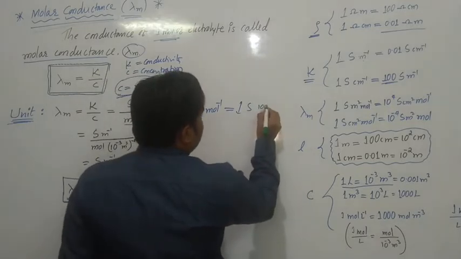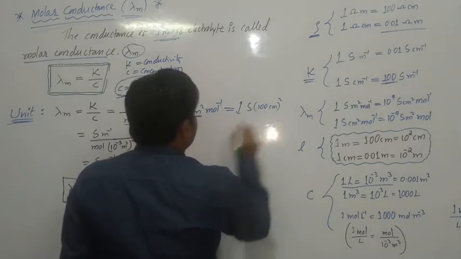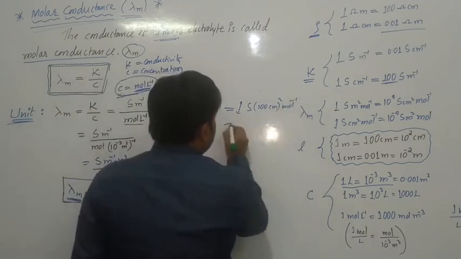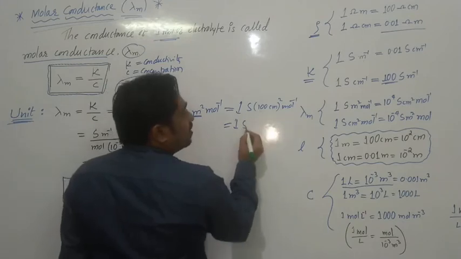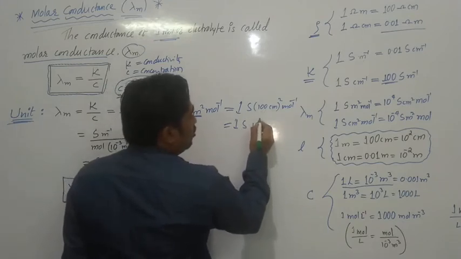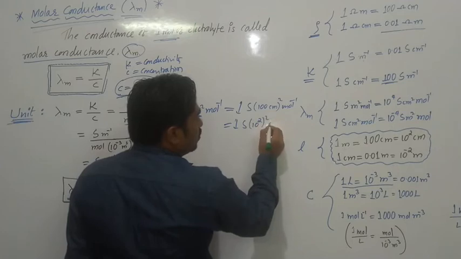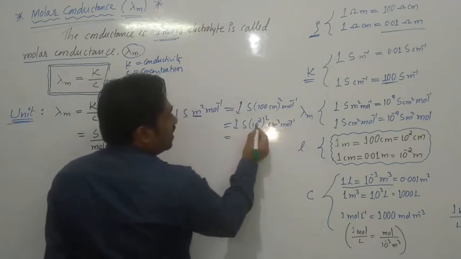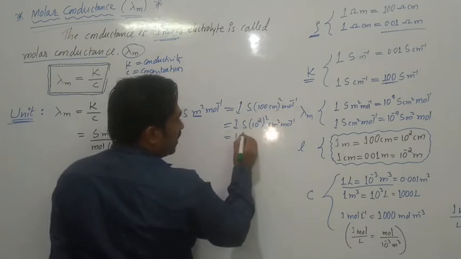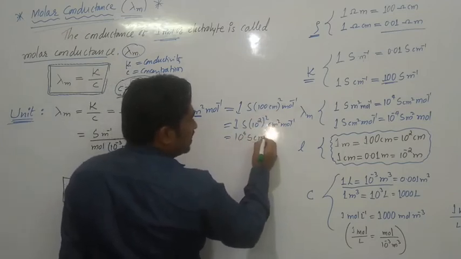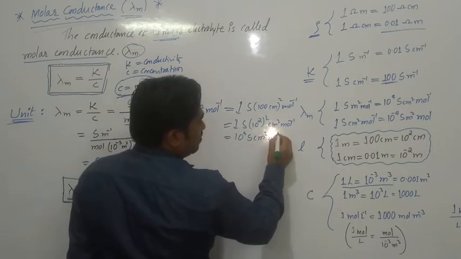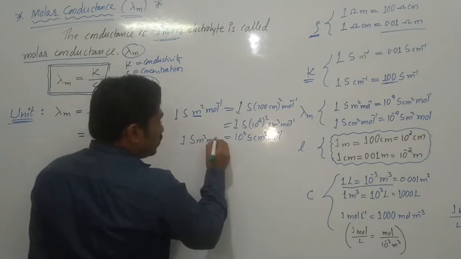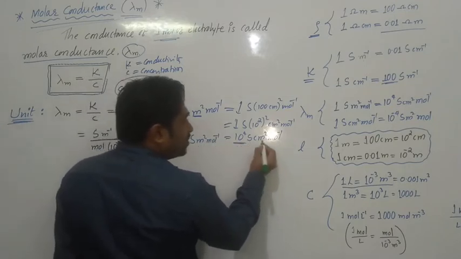How many centimeters? 100 centimeter square per mole, remaining as it is. So 1 Siemens, I can write 100 as 10 to the power 2, raised to 2, centimeter square per mole, isn't it? So now it becomes 10 to the power 4 Siemens centimeter square per mole. So 1 Siemens meter square per mole is equal to 10 to the power 4 Siemens centimeter square per mole.